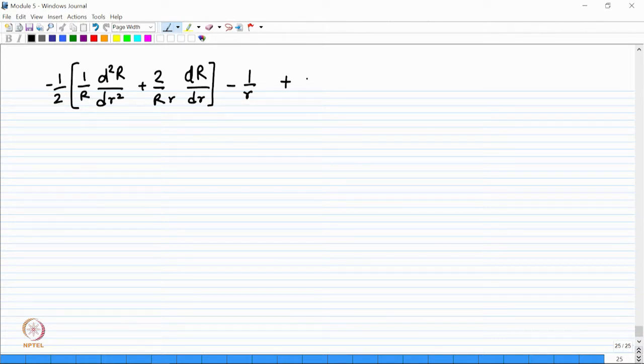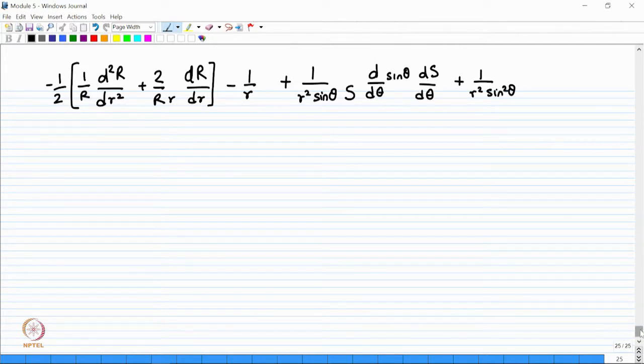Then I have the other term, that is 1 over r square sin theta s d by d theta of sin theta ds by d theta, and then I have a 1 over r square sine square theta. What I had was d square t by d phi square and 1 over t, but that is just equal to minus m square.